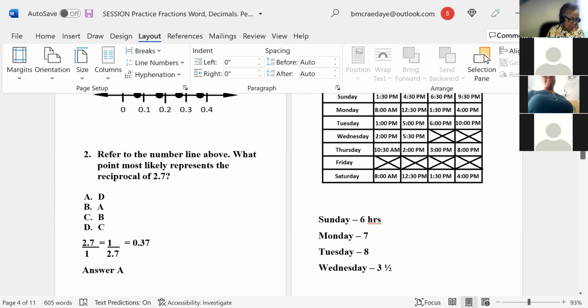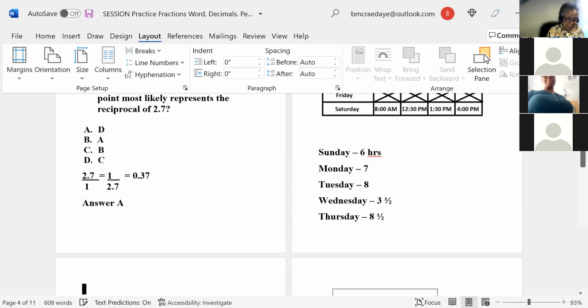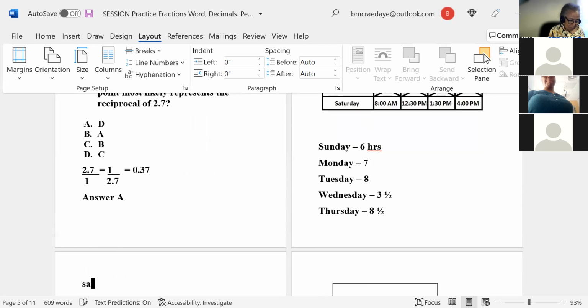Thursday is 8.5. 7, plus 6, plus 7, plus 8. And Saturday is 7, plus 4. So 12.